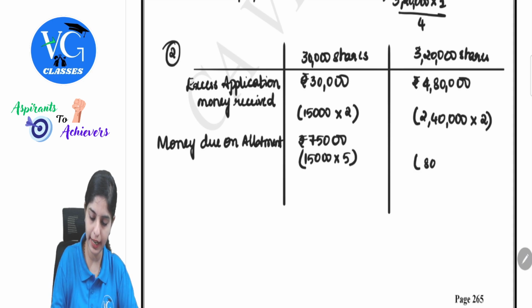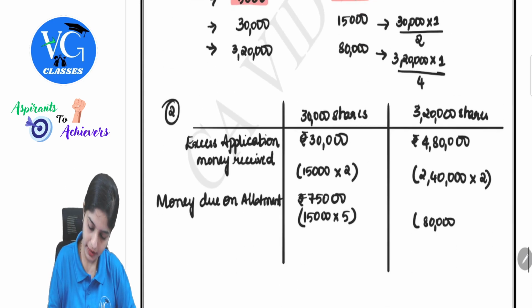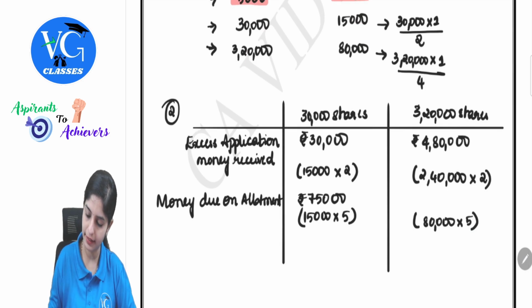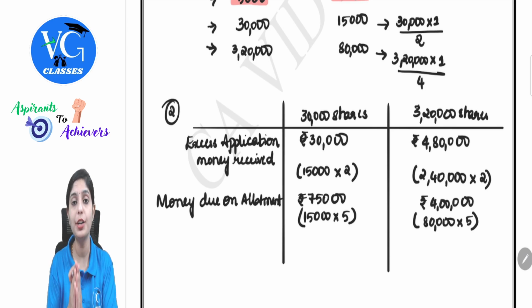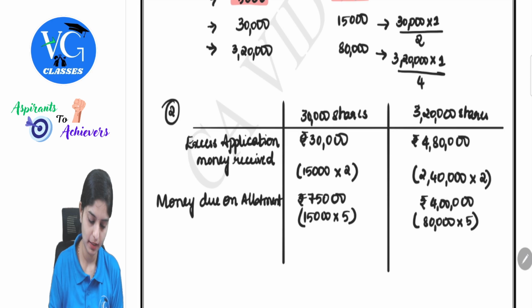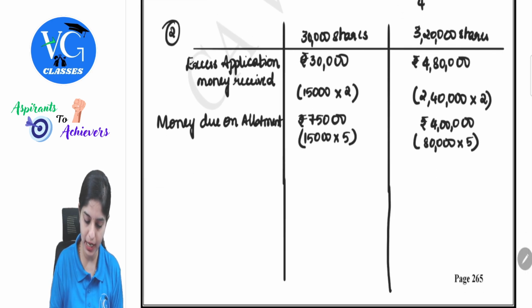Next, how much was due on allotment? In this case, I can only allot 80,000. So 80,000 into 5. So this will be how much? 4 lakh. I hope comfortably all of you understood till here. Next. Now I have to just find out how much of the amount is required to be adjusted.